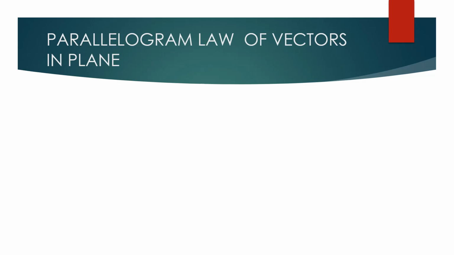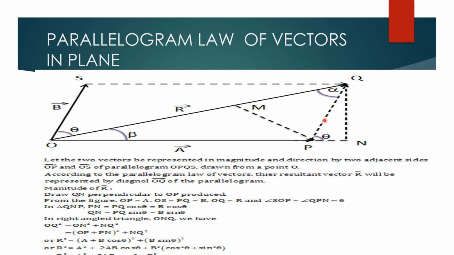Similarly, we can find out the resultant of two vectors with the help of a parallelogram. So next is the parallelogram law of vectors. Derivation is the same, but when do we apply this parallelogram law? Again, if there are two vectors, let us say A is one vector and B is another vector at some angle, then how to find out the resultant of these two vectors?